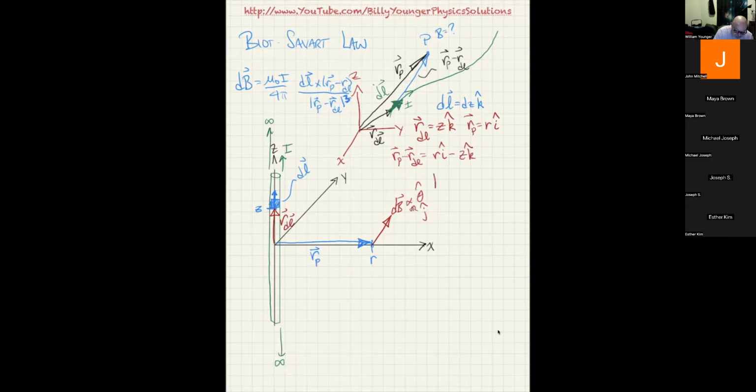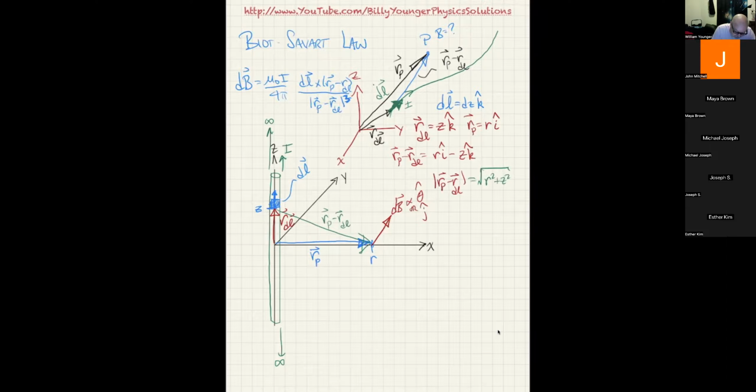And you should be able to figure out that the magnitude of that vector r_P minus r_dL, which by the way is this vector right here, is the square root of r squared plus z squared? Exactly. Good job. I thought you said minus for a second there. That's exactly right. So that's going to be equal to the square root of r squared plus z squared. Good job.